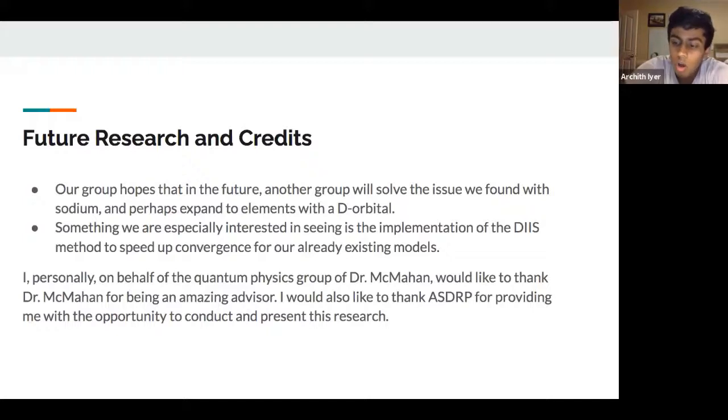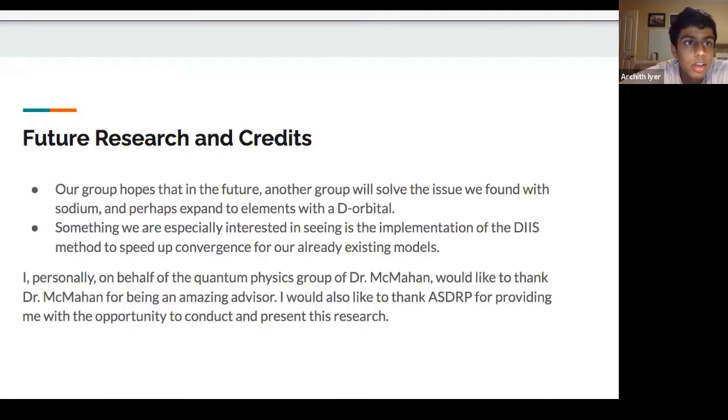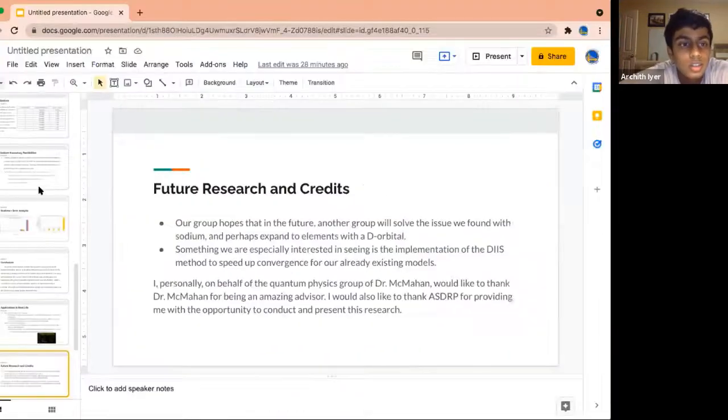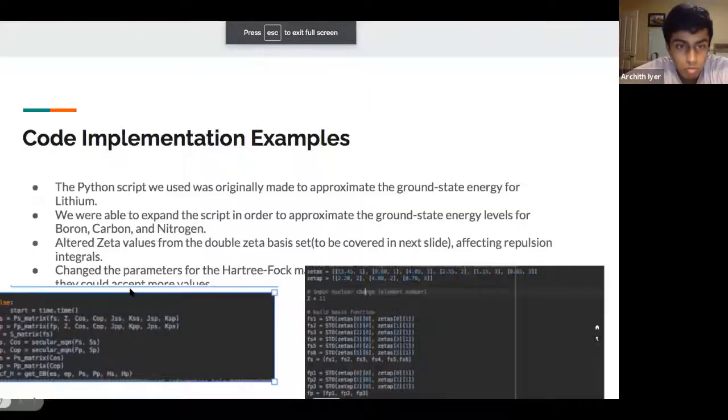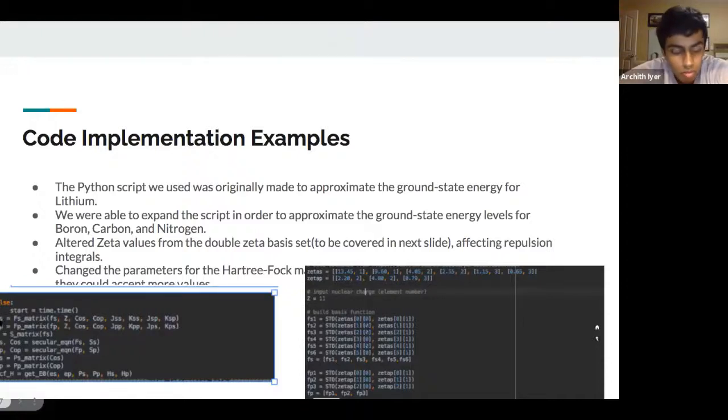So instead of creating all the matrices, we can, or I wish I could take us back to that slide. Let's go back to that slide. Where is it? Right here. Let's do this one. Like you're seeing here, we're basically creating so many matrices, right? The DIIS method is a method of basically skipping. It takes you from one matrix to another using a more clever manipulation, instead of having to go through all of these.